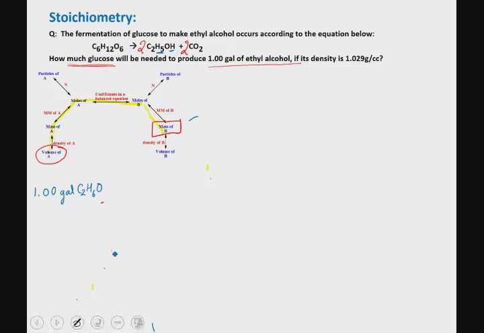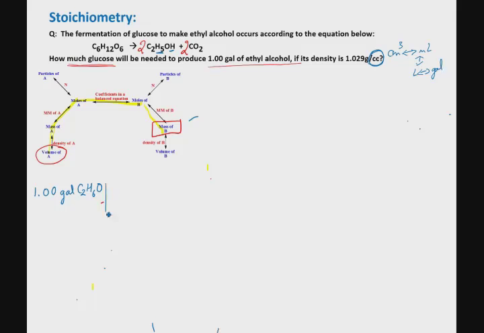Now the volume is in gallons, but the density is given, the volume unit in the density is cc, that is centimeter cube. So please remember, centimeter cube can be related to mLs. mLs can be related to liters, and liters can be related to gallons. So we first have to make that connection before we can do anything else.